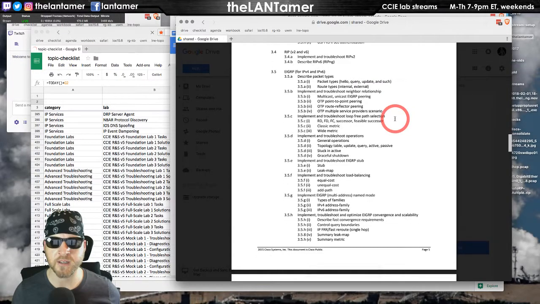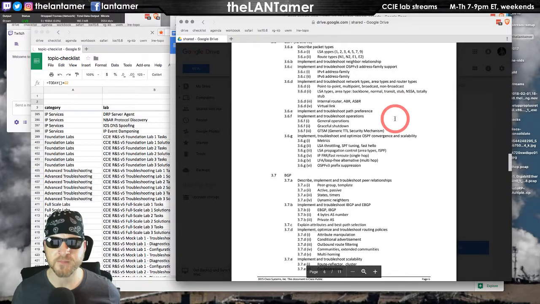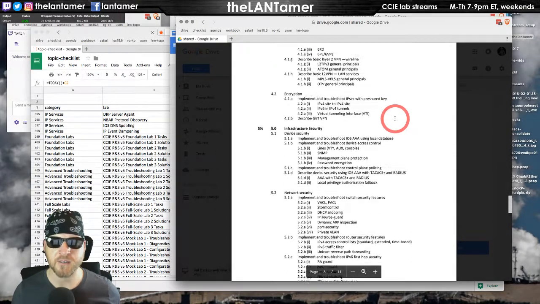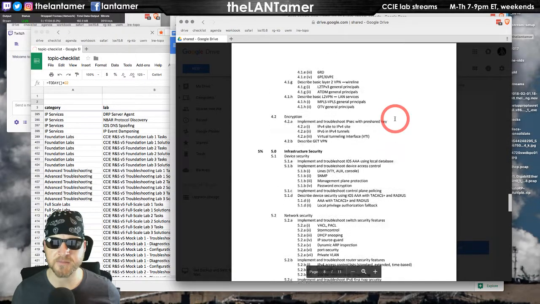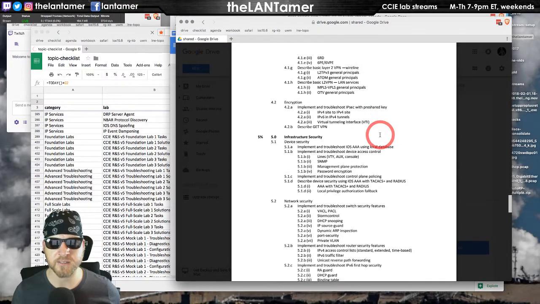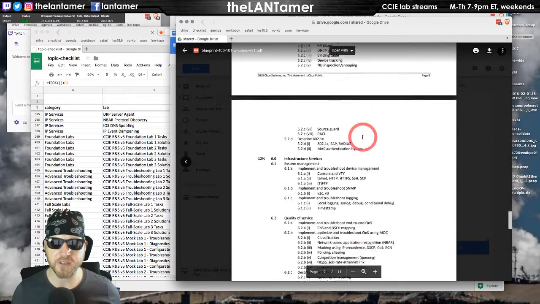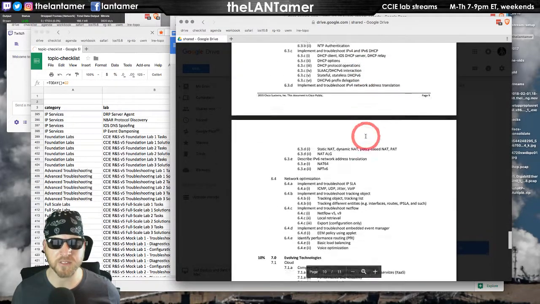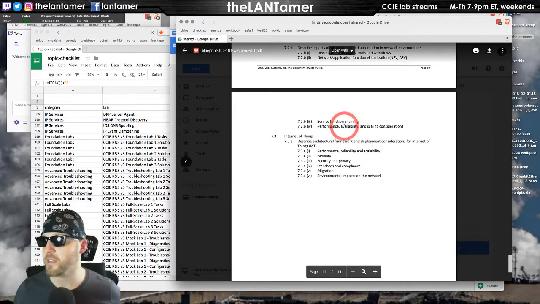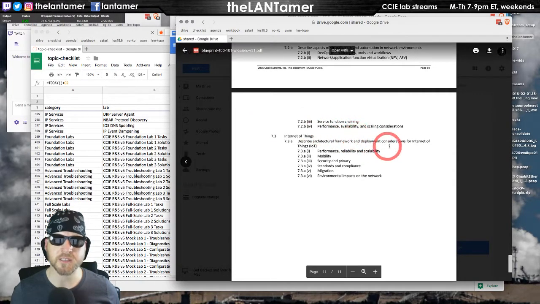Fortunately, a lot of the routing we've done for IPv4, but IPv6 routing, we haven't done much there. Done some VPN technologies. Yeah, there's a lot here that still needs to be done. All this infrastructure security and infrastructure services. And then we have evolving technologies, including IoT and things like that. So it's kind of overwhelming when I stop and think about it.